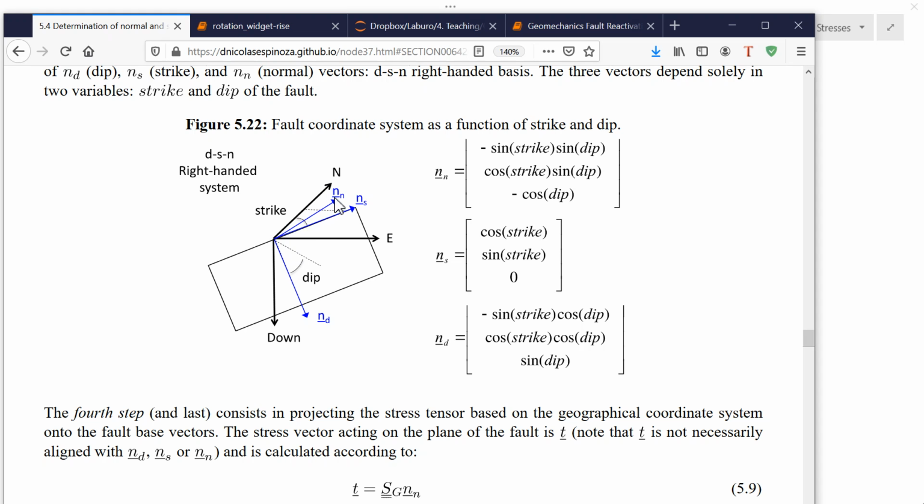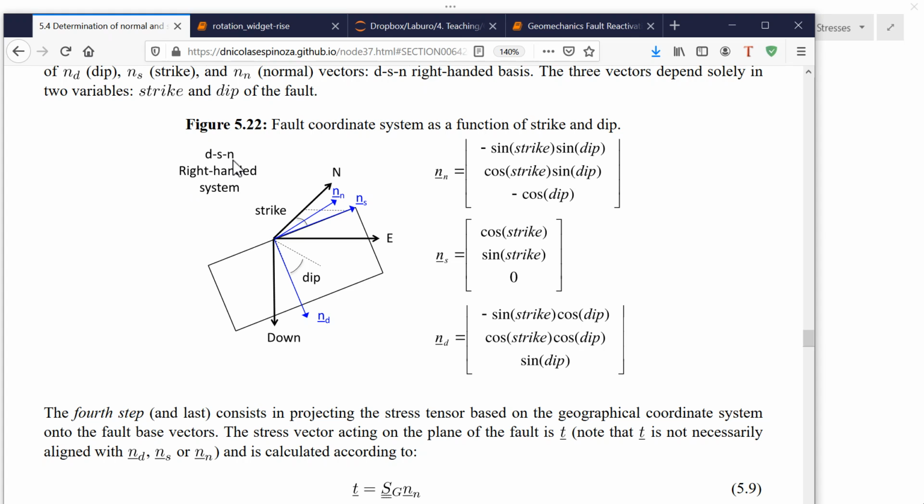That's going to be NN. On the direction of strike of the fault, that's going to be NS. And on the plane of the fault, that's going to be ND or N dip. So this is normal, strike, and dip. The first element is actually dip, the second element is strike, and the third element is normal.